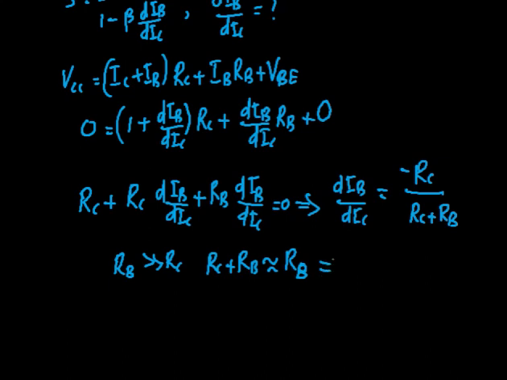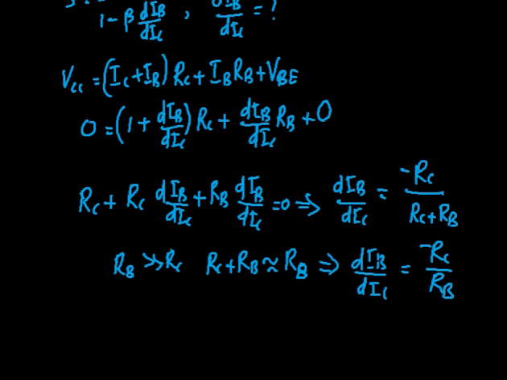By proper mathematics of applying this in the above equation, what we will obtain for dIB by dIC is equal to minus RC by RB. This is a crude approximation. Anyway, we can take it as a minus some quantity.